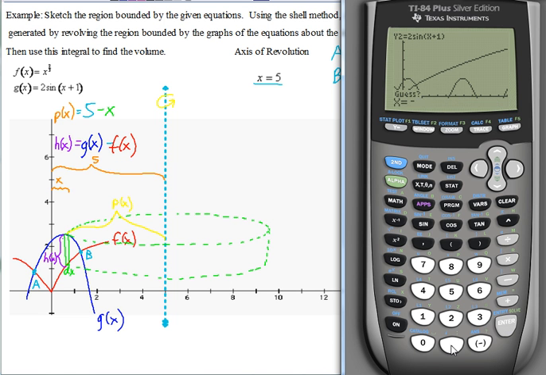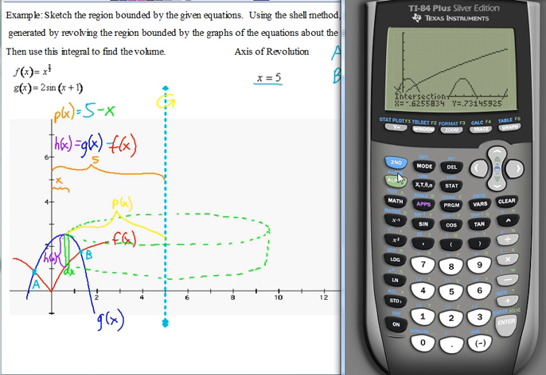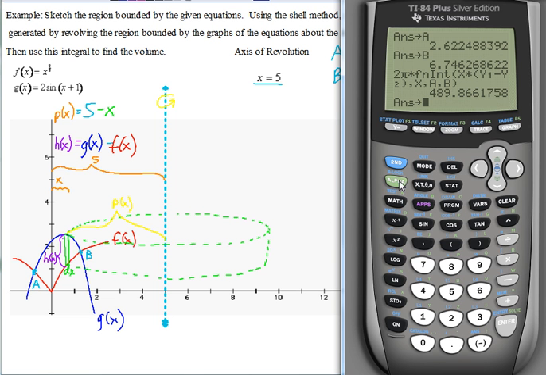I'm going to guess negative 0.5. And it's negative 0.6255834. So write it down on paper and then store it in your calculator. Second quit, store alpha A.